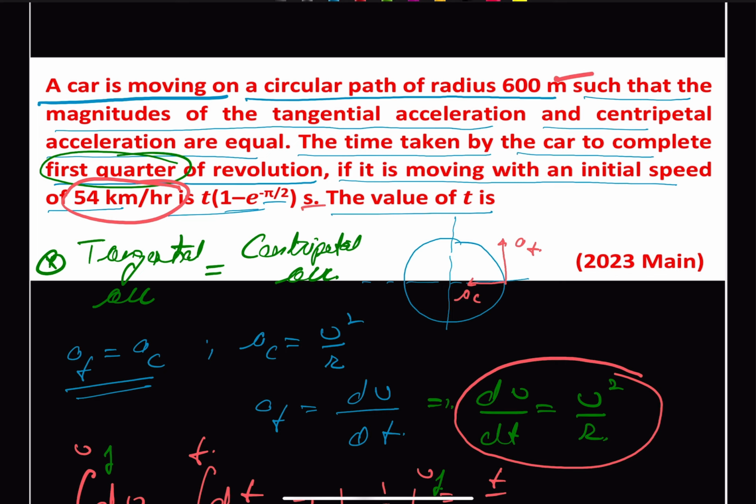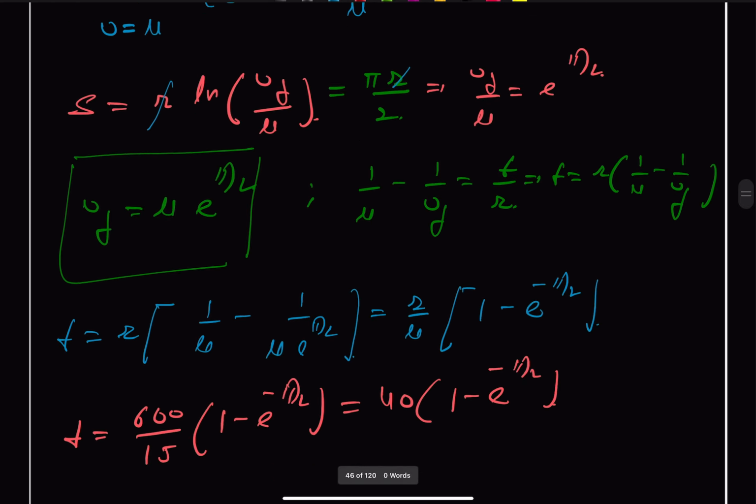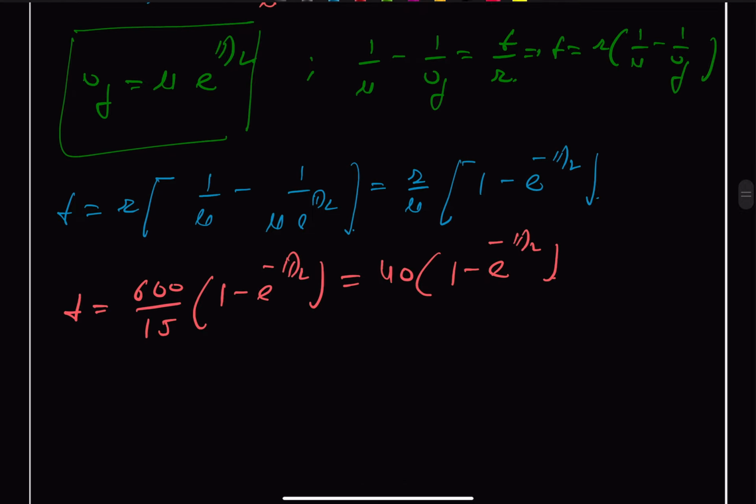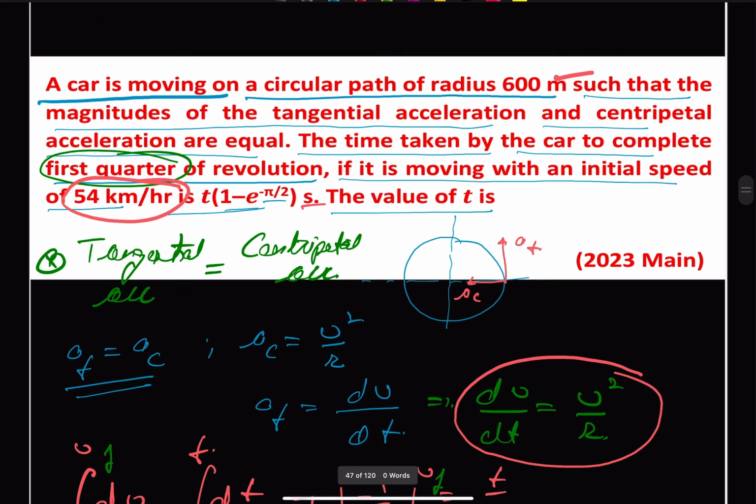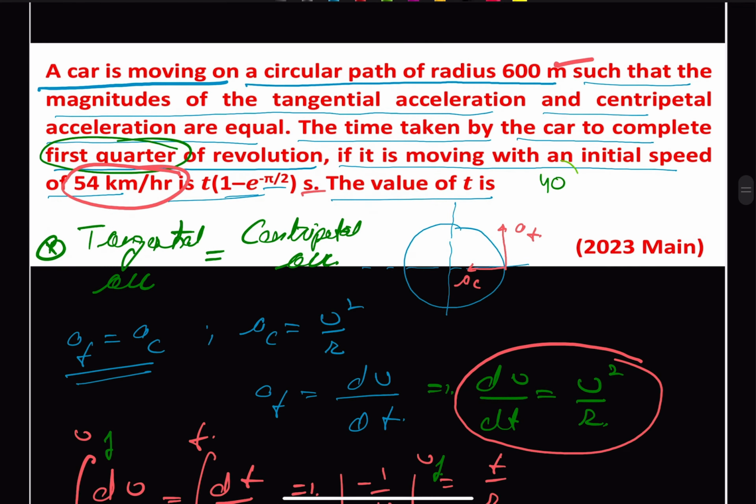So I think I wrote it directly. Yeah. So we compare it with t times 1 minus e to the power minus pi by 2. So this comparison gives us that the value of t is equal to 40 seconds.